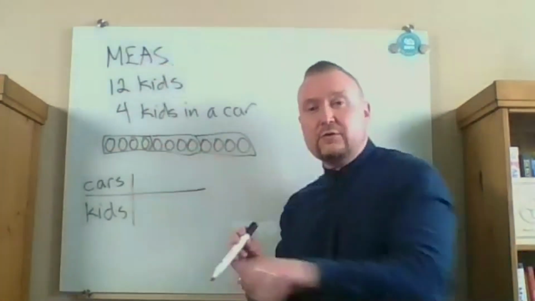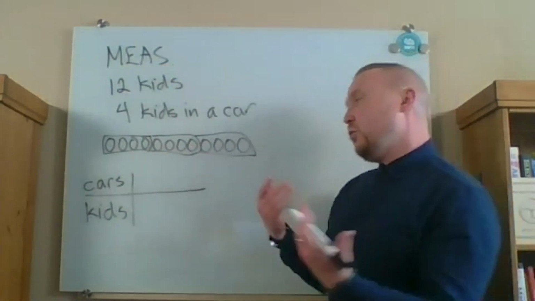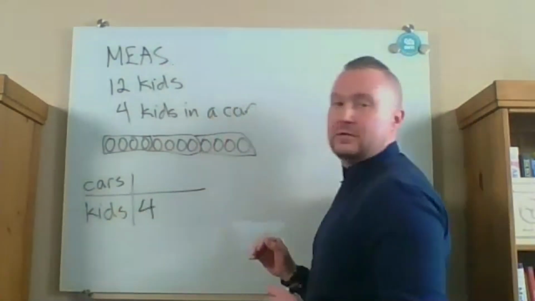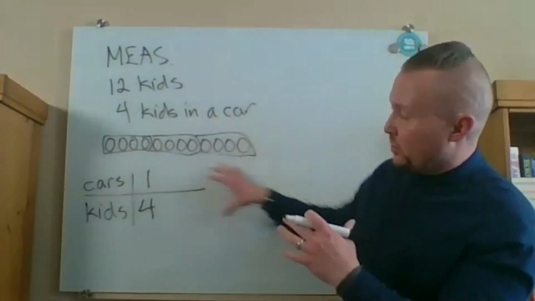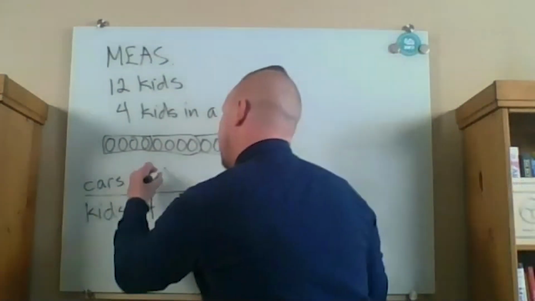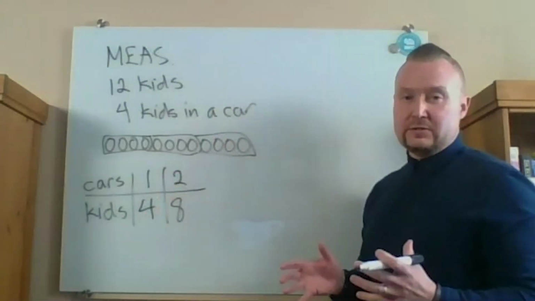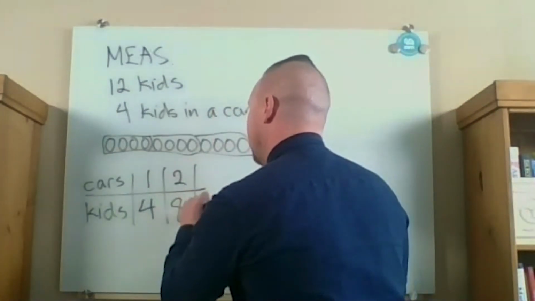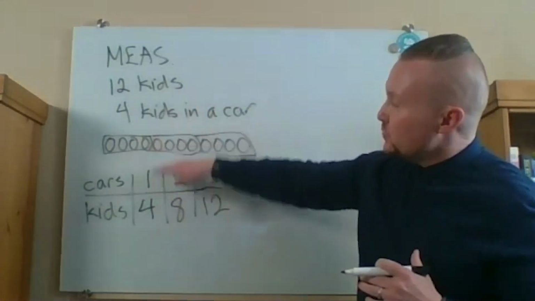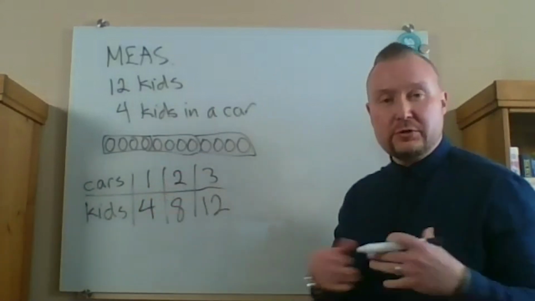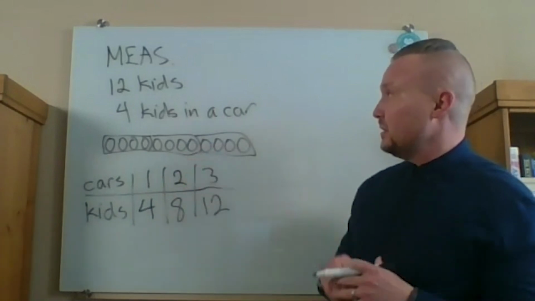So we're going to just pull out 4 kids at a time, just like we did in this informal model here. And so what we're going to say is if we take 4 kids, that's going to use 1 car. Now, if the numbers were larger, we could work around the table, but for right now, I'm just going to go one by one and say, okay, there's now 2 cars would use up 8 total kids. And then to get to the total of 12, it's going to take 3 cars. And that's how students would typically attack a problem like this when they're first learning division around like 3rd grade. Or when they're much younger, they could probably use the model like I did.